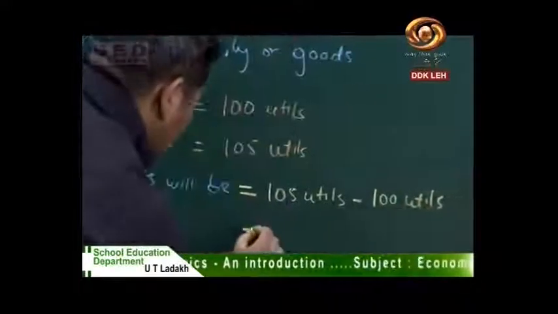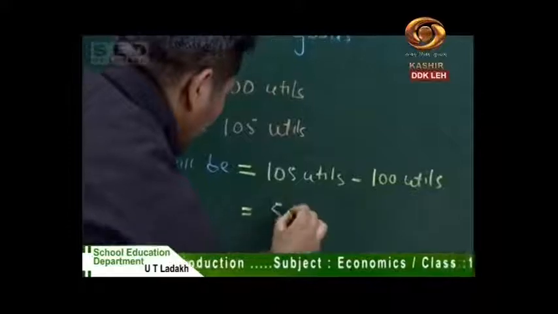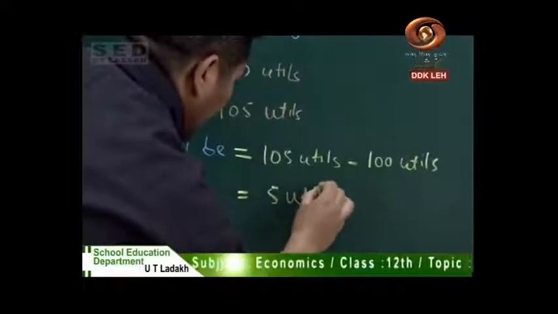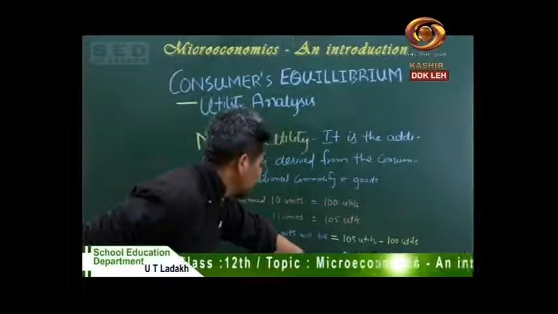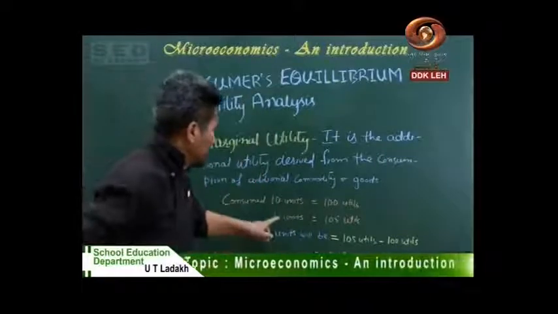That will be equal to 5 utils. So this 5 utils is the marginal utility of the 11th unit.